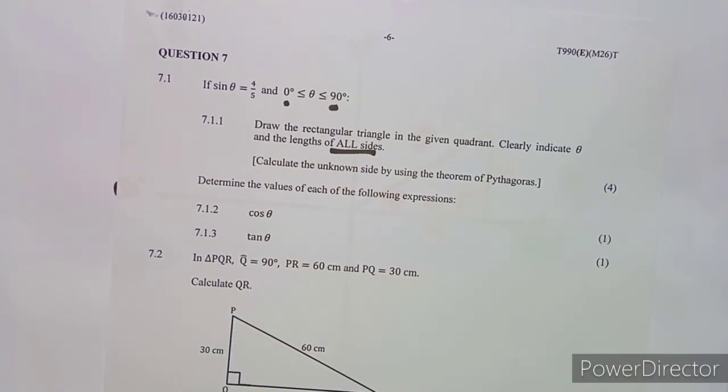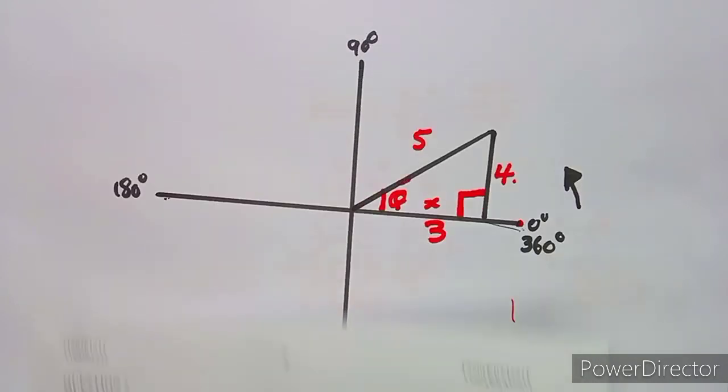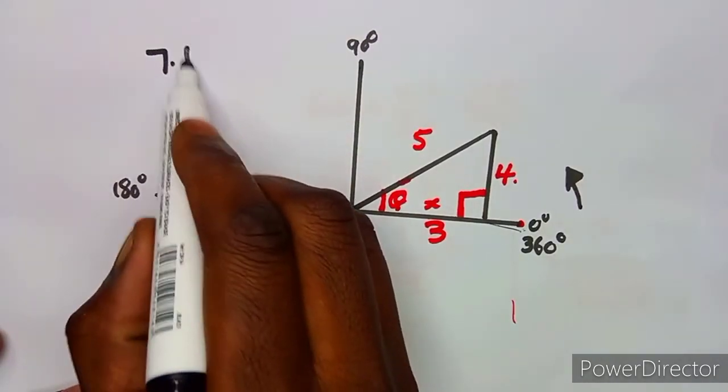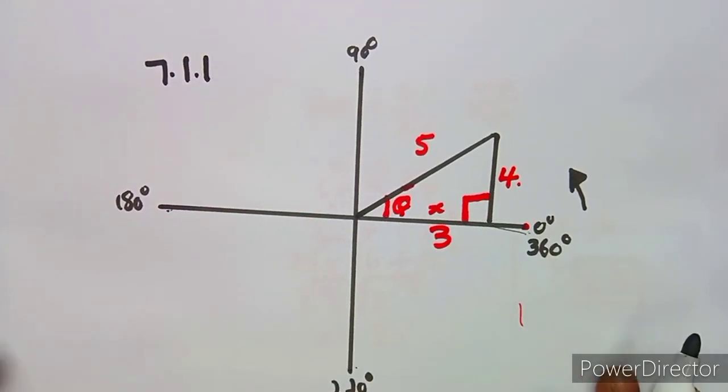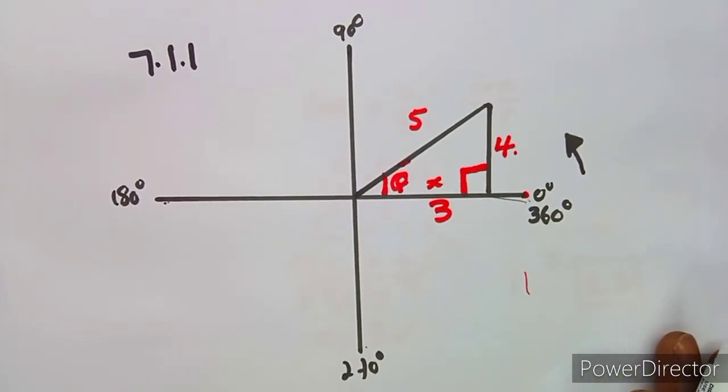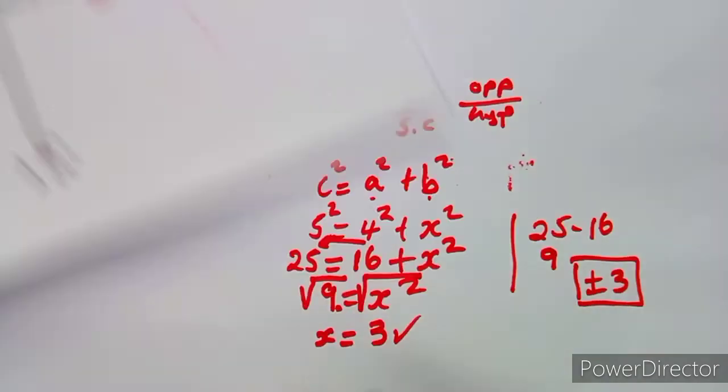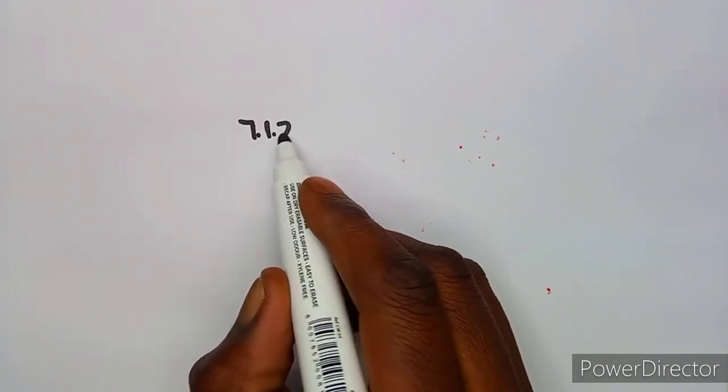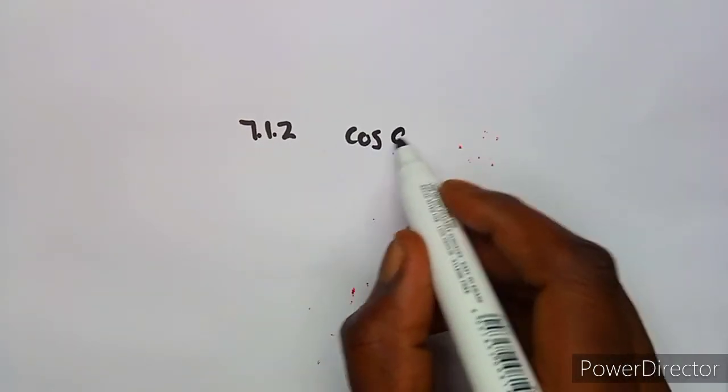7.12, which is cos theta. Okay, so this was 7.11. All right, so that is where we have this diagram here. So now let's see what we have on 7.12. So we want to find the value of cos theta.